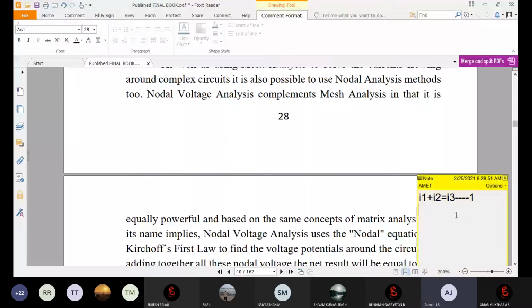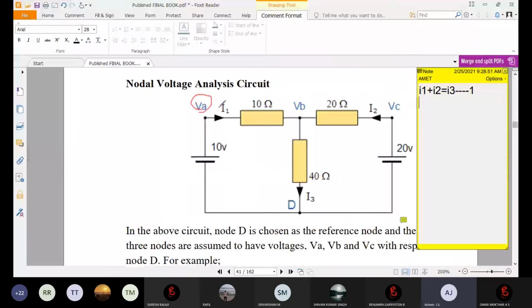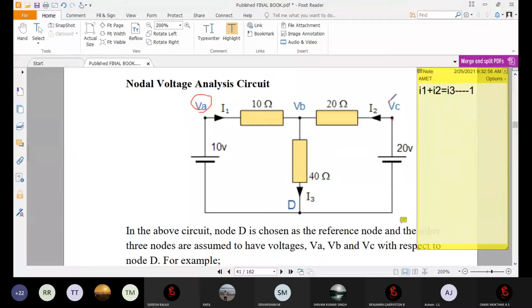Now come to this node analysis. Actually, here I1 depends upon the two voltages VA and VB, and similarly I2 depends upon VC with respect to VB. Look at the current flow direction here. It is coming from C to D, so I will write the equation as VC minus VB.